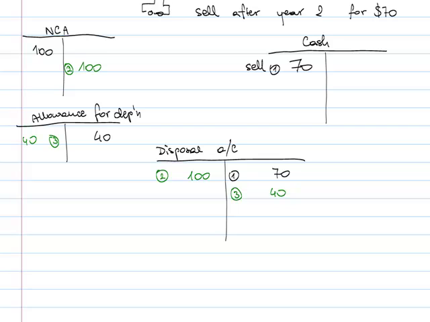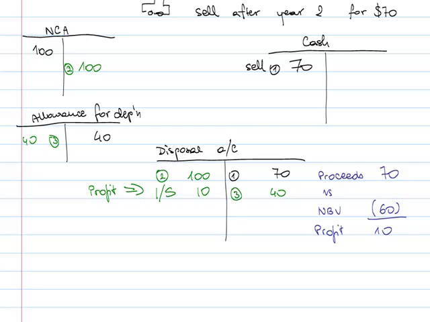Now it turns out that there is a 10 of profit on this disposal that will go to the income statement. Well, this profit was quite obvious. Proceeds were 70 versus the net book value of 60. That leads to a profit of 10.